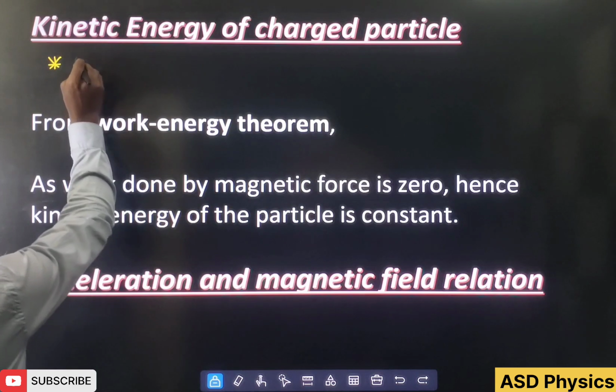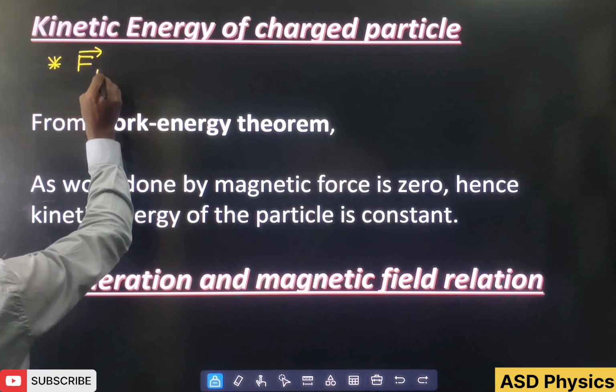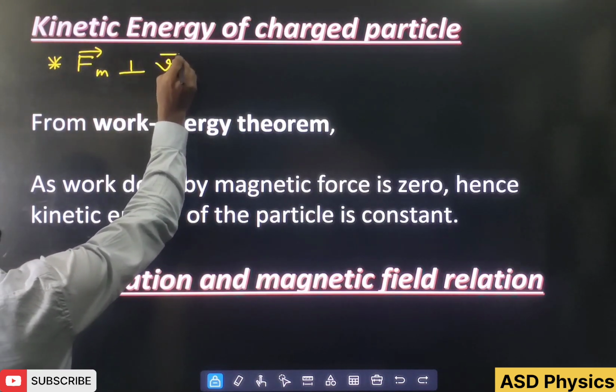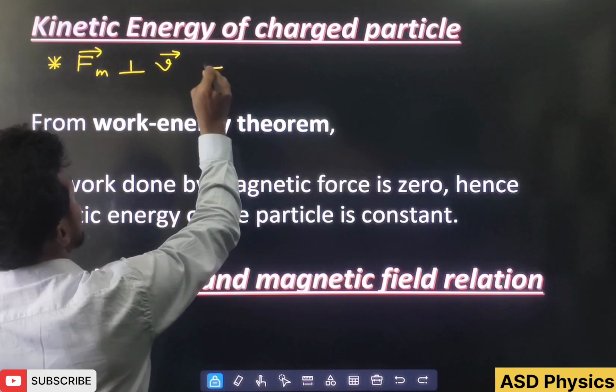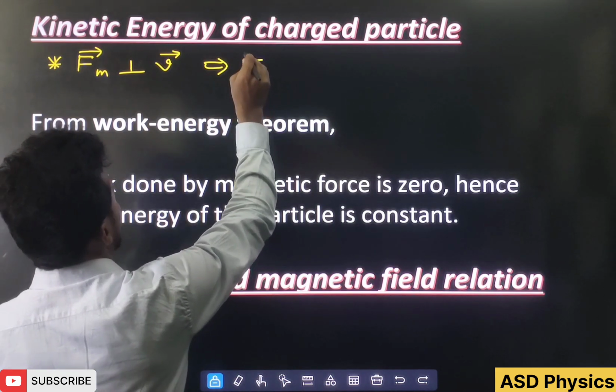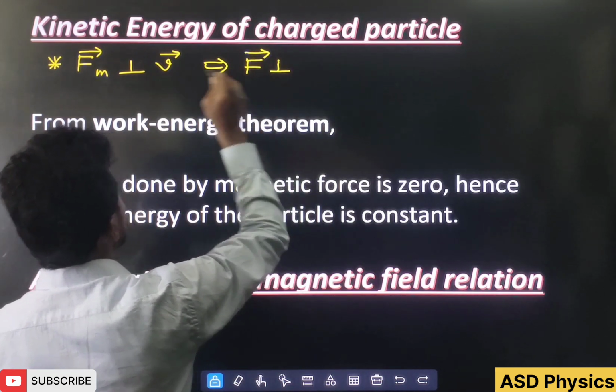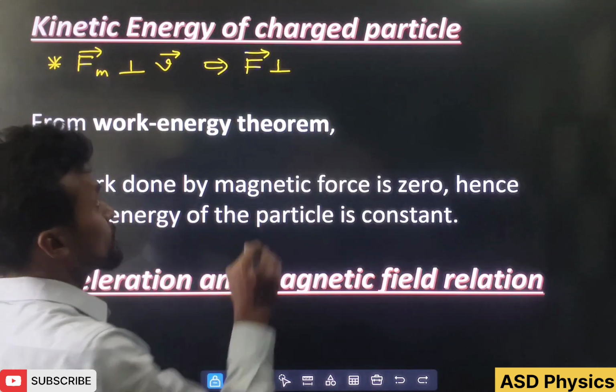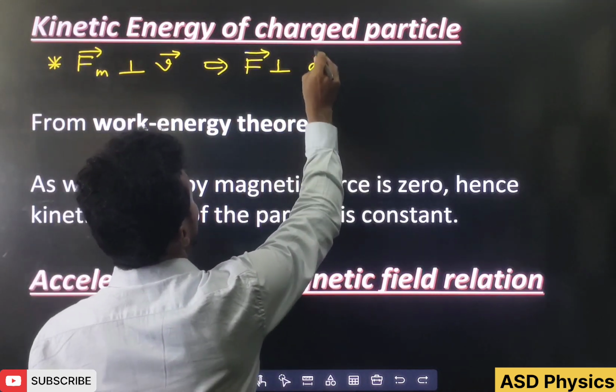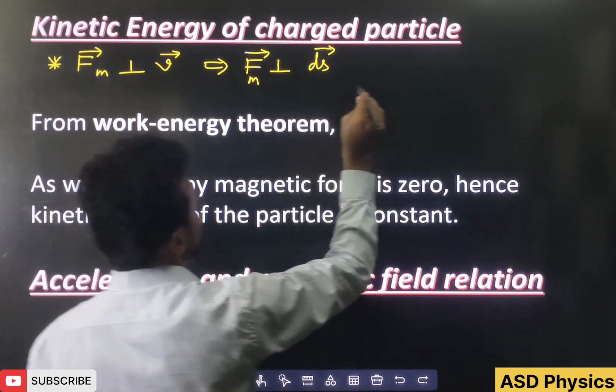So what will happen here? As we know, this magnetic force is perpendicular to velocity. Or we can tell that, since V equals ds by dt, force is perpendicular to displacement also.